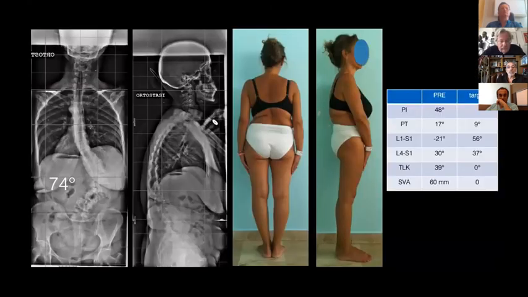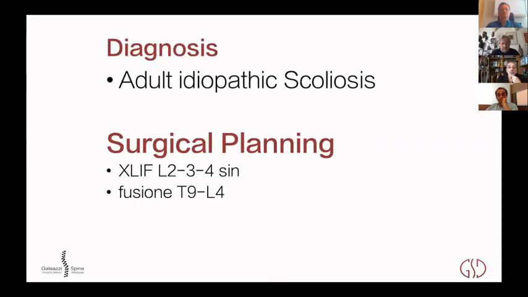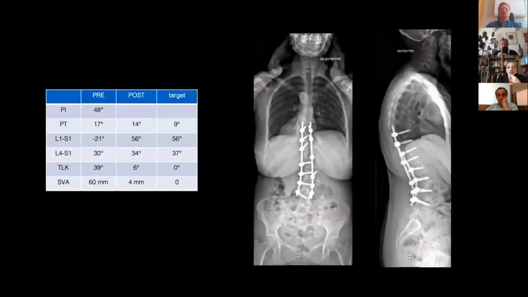The last example, in this case, as you can see, the stiffness of the scoliosis is significantly worse. Here you can see the patient also. We planned to perform a lateral approach and a posterior fusion, as you can see here. With the 2 levels of XLIF, we were able to restore a good lordosis.